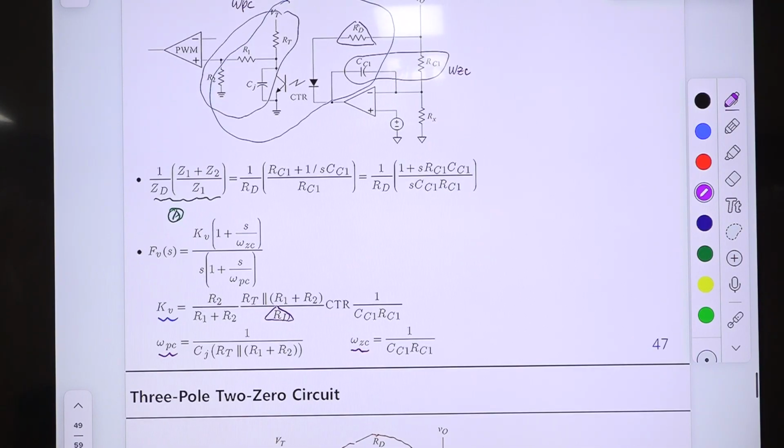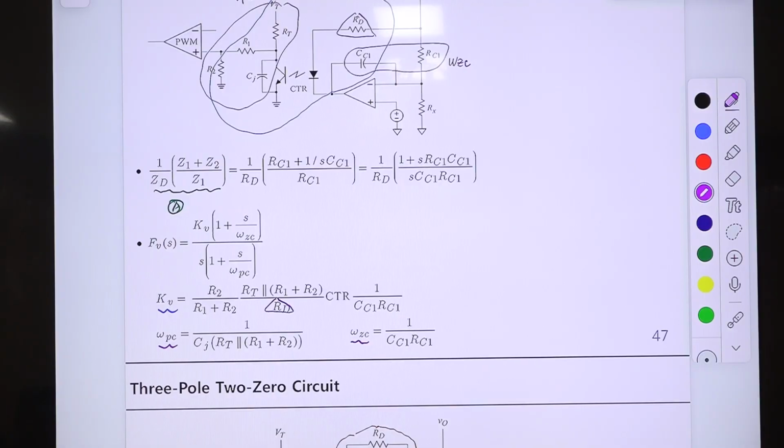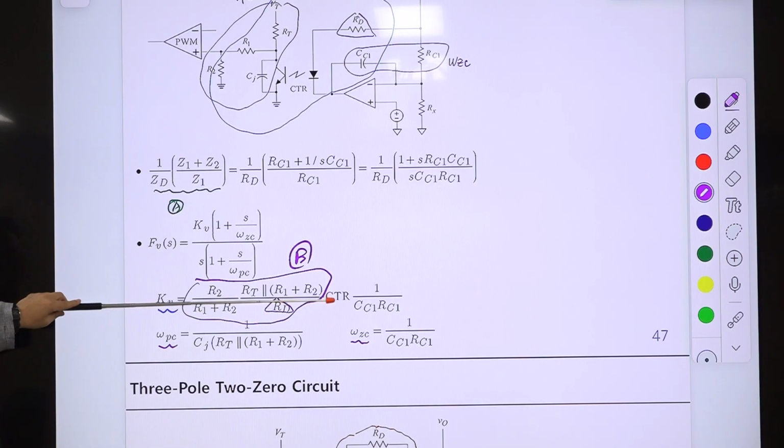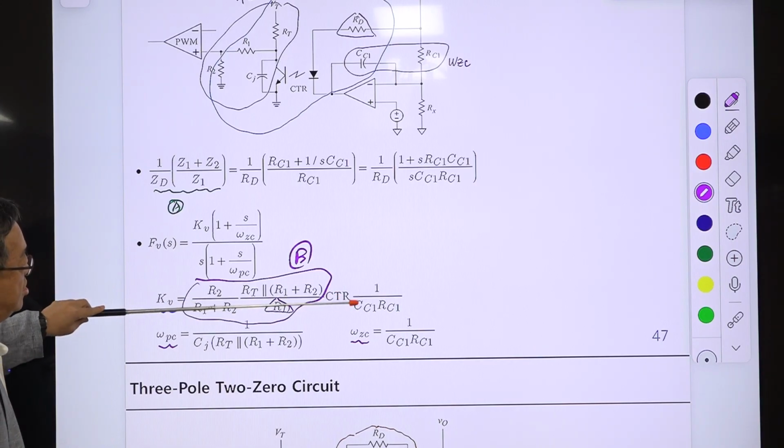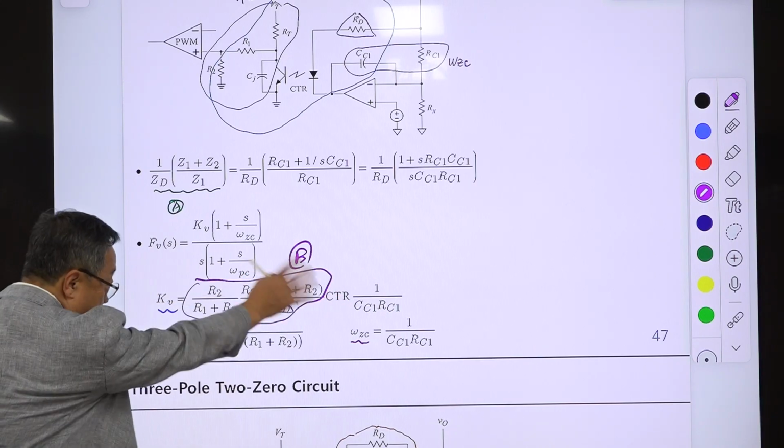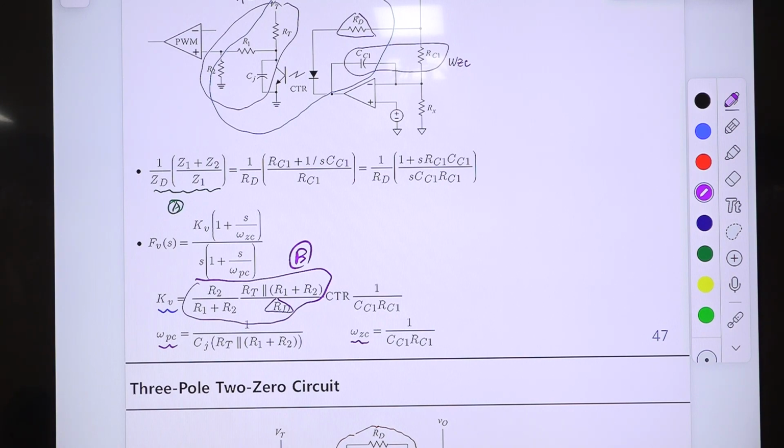This is A part and B part. This one is B. This is a constant. Okay. So this is B and we have another constant. And this is the integration gain and everything combined all together is integrated gain.